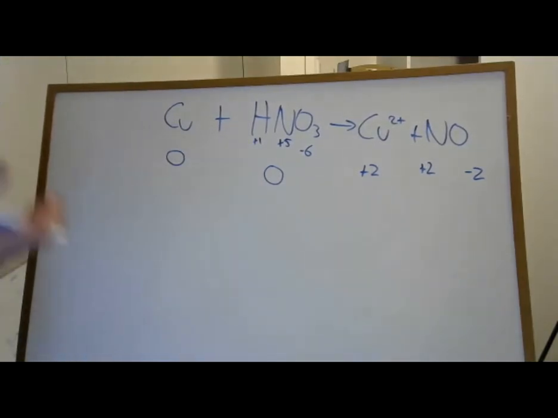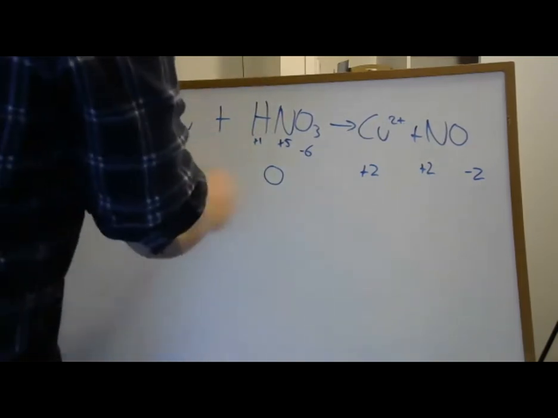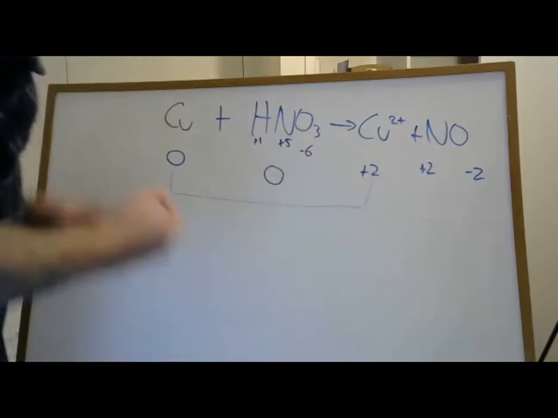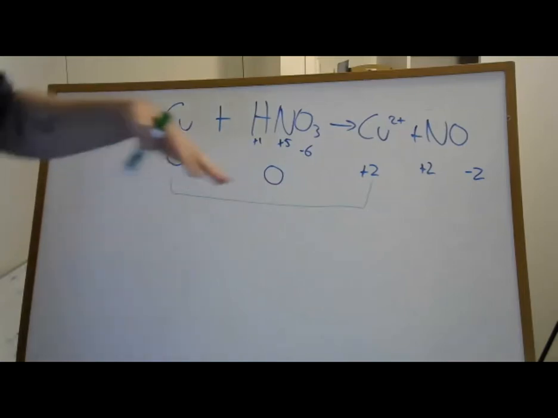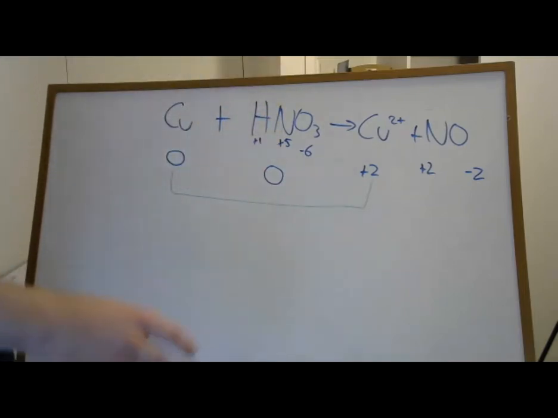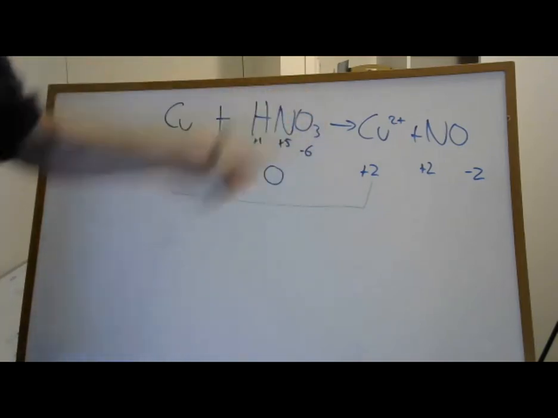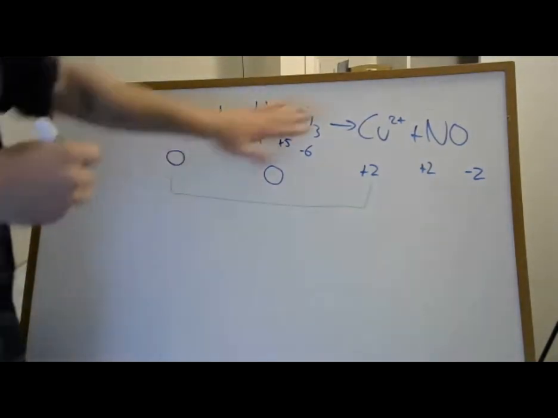So we can see that copper has lost 2 of its electrons. We can see here oxygen is still -2. I mean, in the compound it's -6, but it's still -2.